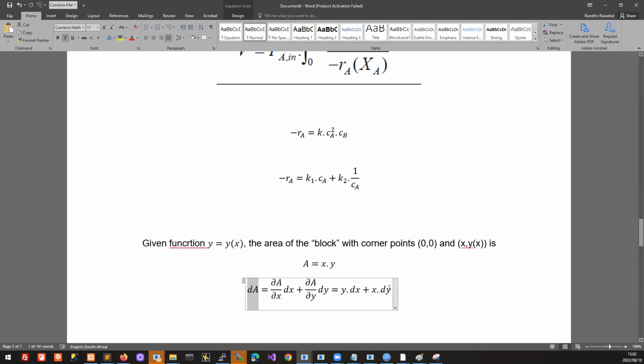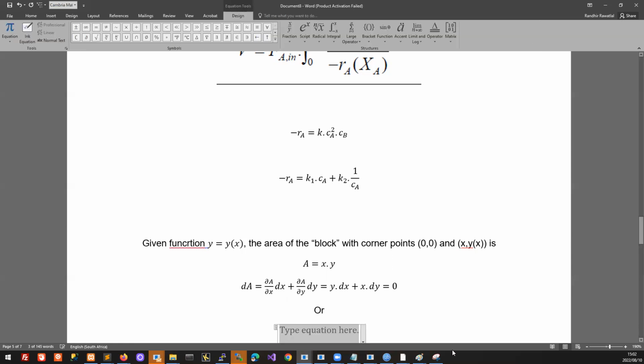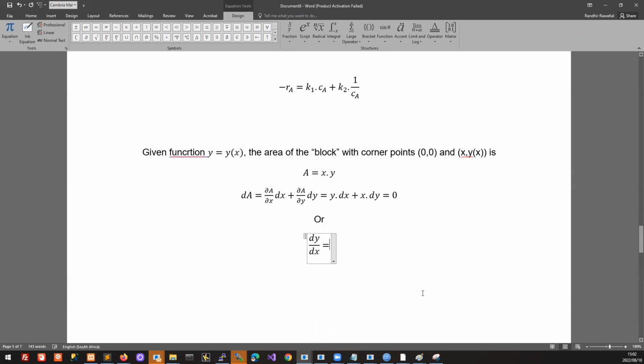So the maximum area is going to be where this equals 0, or this is where dy dx equals minus y over x.